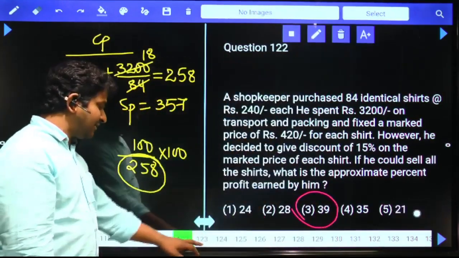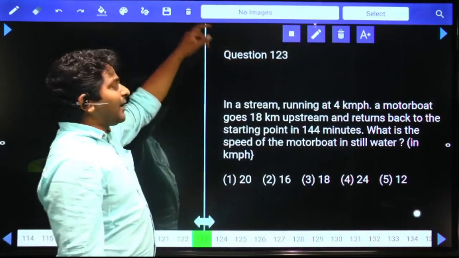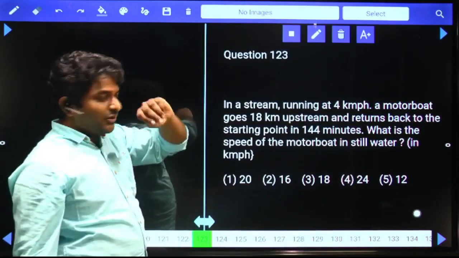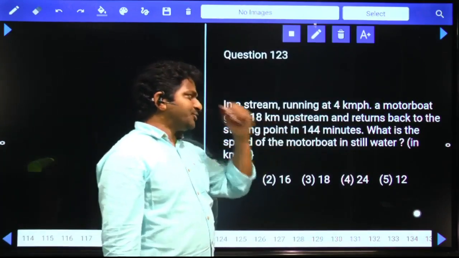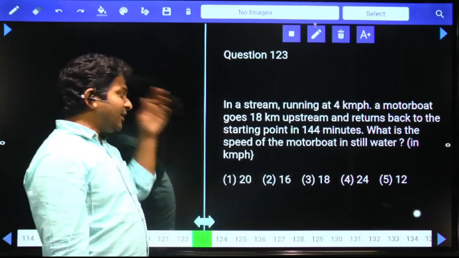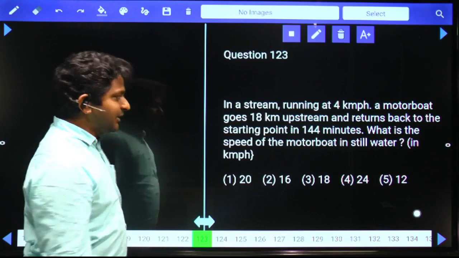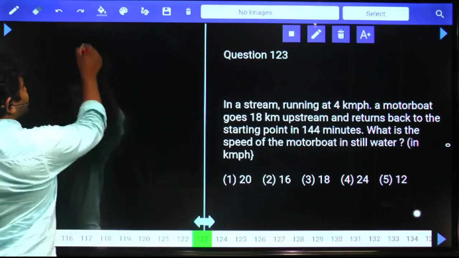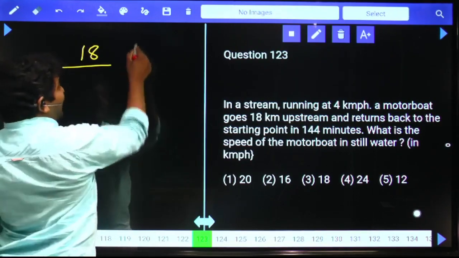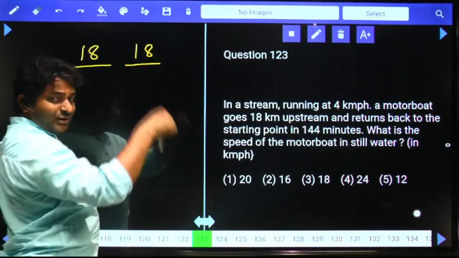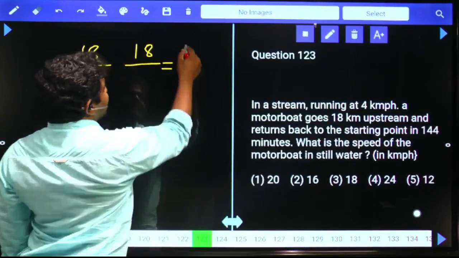Third option, final answer. In a stream running at 4 km per hour, S is equal to 4. A motor boat goes 18 kilometers upstream and returns back to the starting point in 144 minutes. What is the speed of the motor boat in still water? Now, 18 kilometers traveled upstream, 18 kilometers traveled downstream, and the total time taken is 144 minutes.